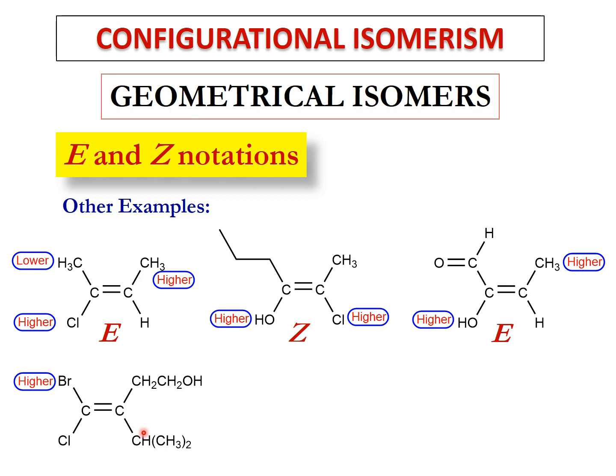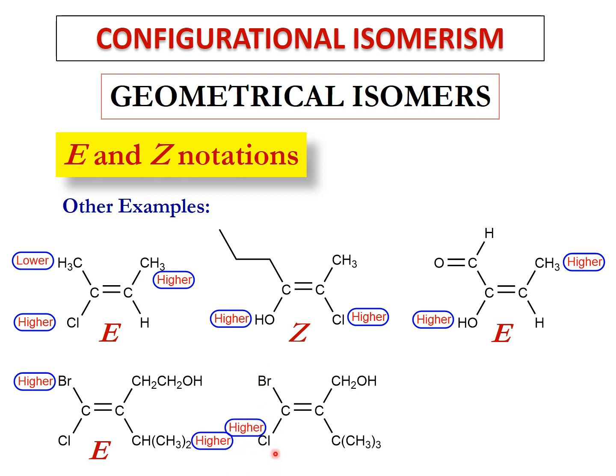So again, we cannot decide the priority. This carbon has another hydrogen, but this carbon has a carbon here. So this carbon has two hydrogens and one carbon attached, while this carbon has one hydrogen and two carbons attached to it. So this group will have a higher priority, and so the higher priority groups being on opposite sides, the geometry would be E.